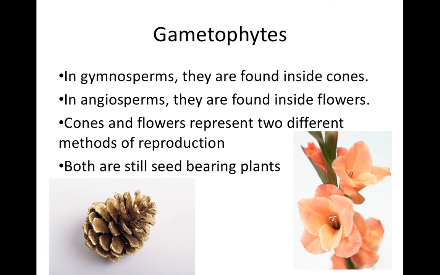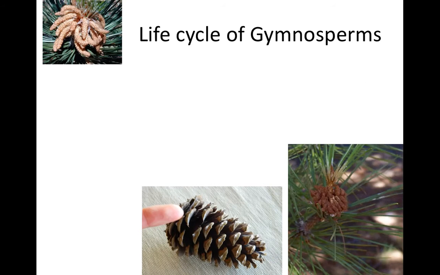Ultimately both of them, whether cone or flower, are still seed-bearing plants. It's just the place where these seeds are housed that is different depending on whether we're talking about gymnosperm or angiosperm. Okay, so let's start with gymnosperms.